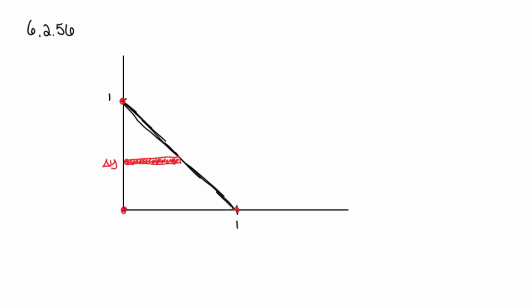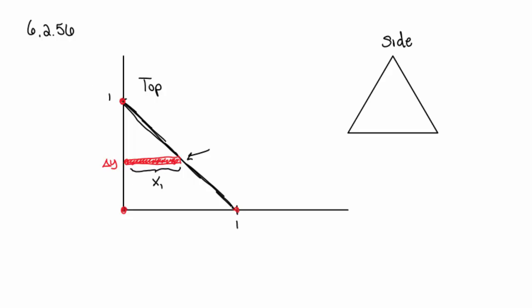So let me go ahead and draw an equilateral triangle in here, or at least do my best for a side view. Okay. So this would be the top-down view, and this would be the side view of this slice. The length of this slice here is going to be the x value at any given point.